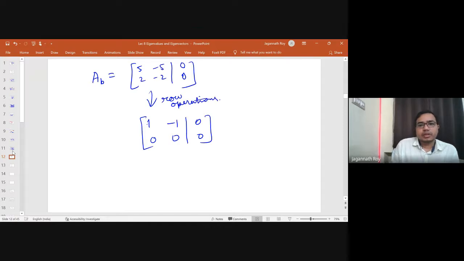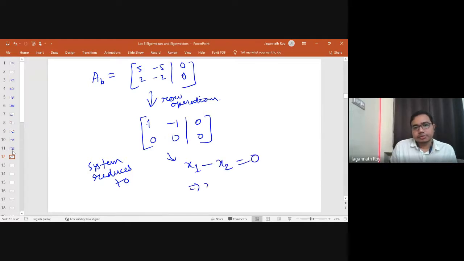Okay. And this will give us the system of equations. The system reduces to x1 minus x2 becomes 0. So x1 equals x2. Okay.